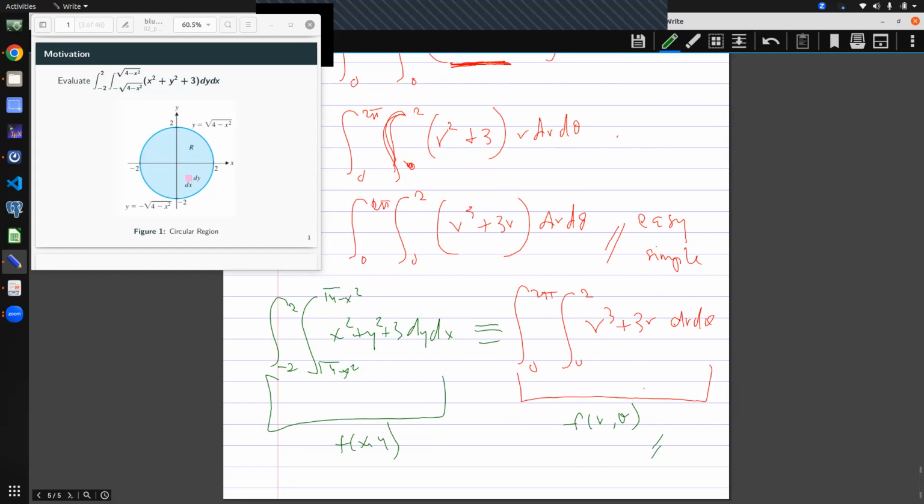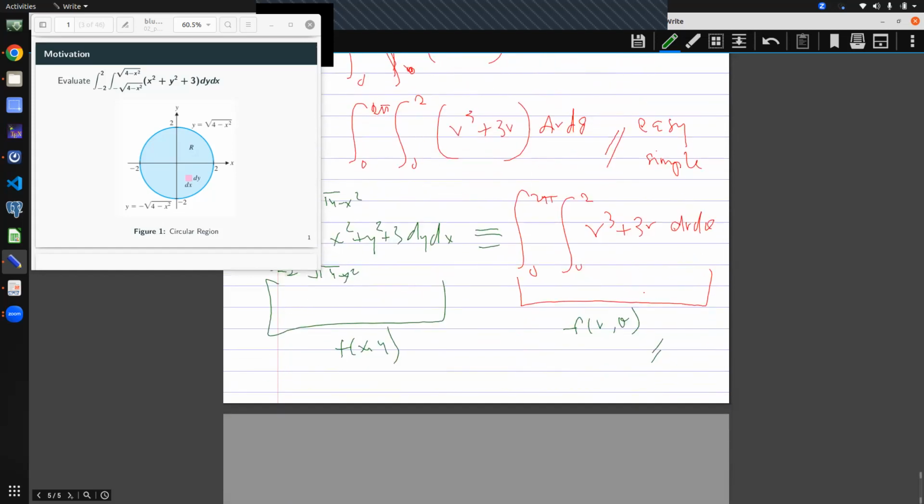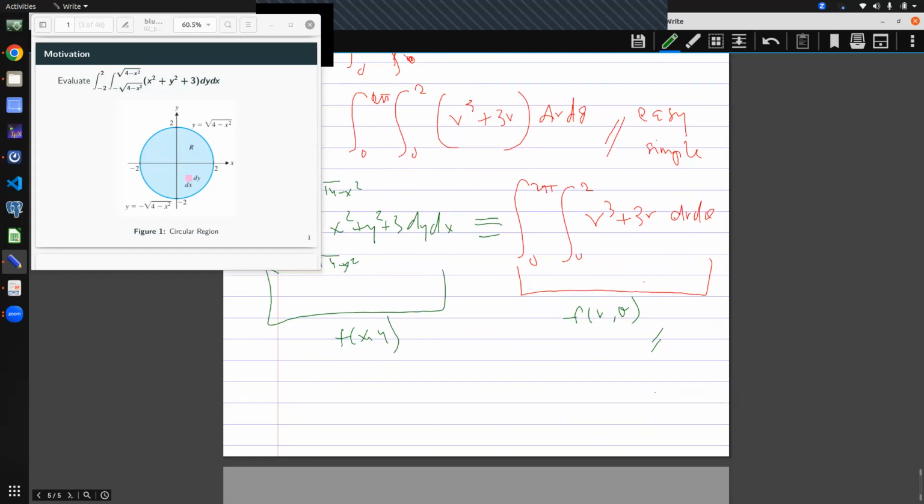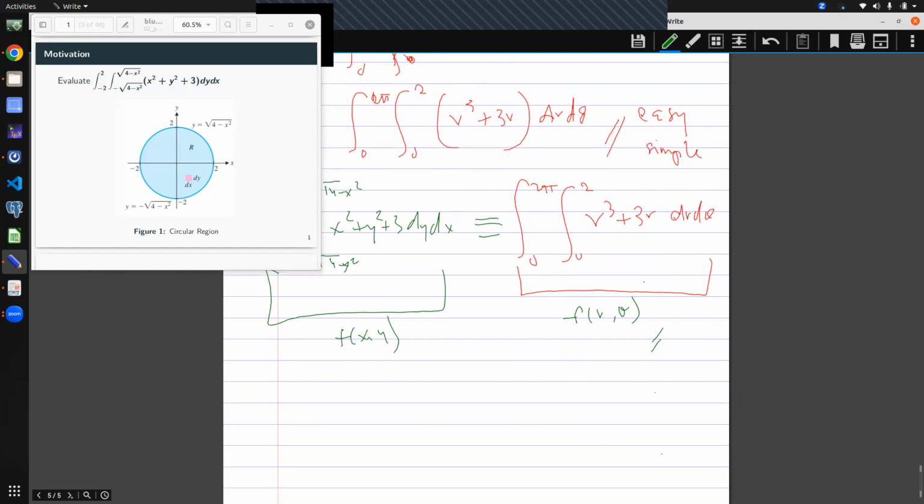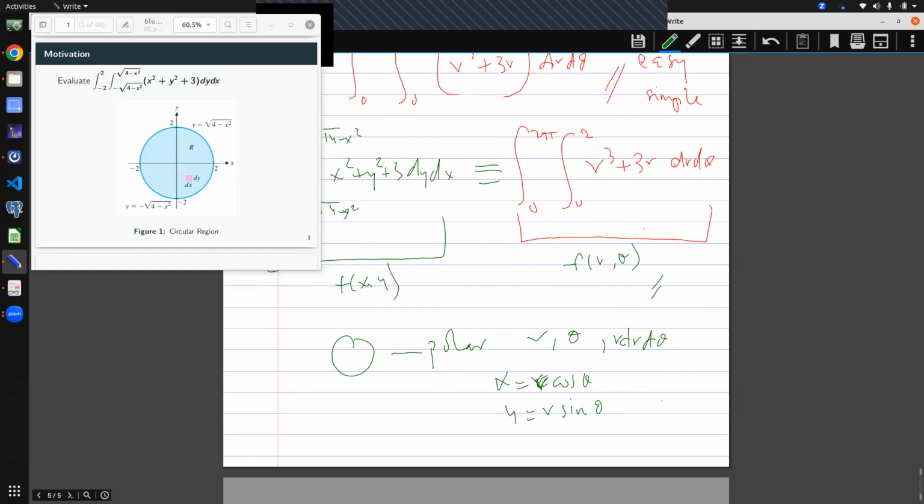And so in summary, what can we say in summary? You can always solve a circular region with polar. I'm stressing on that. We move with the variables r theta, and then our dA becomes r dr d theta. We convert using these guys. Wherever you see x, you place these guys in it. And that is what you have to do.